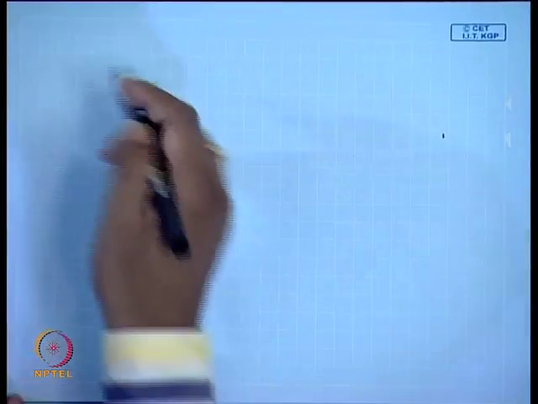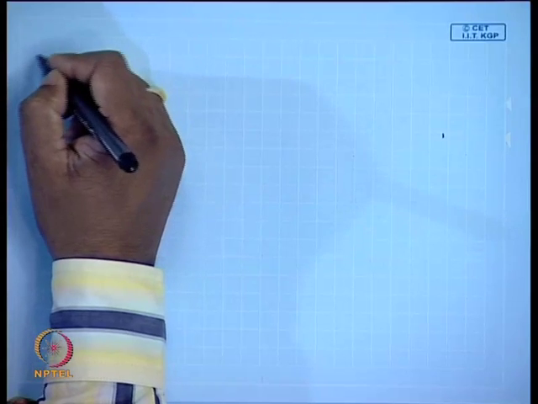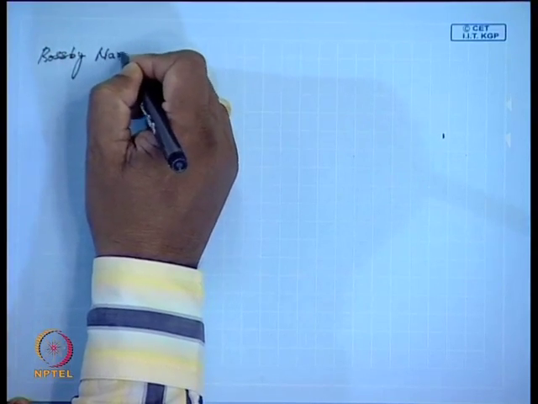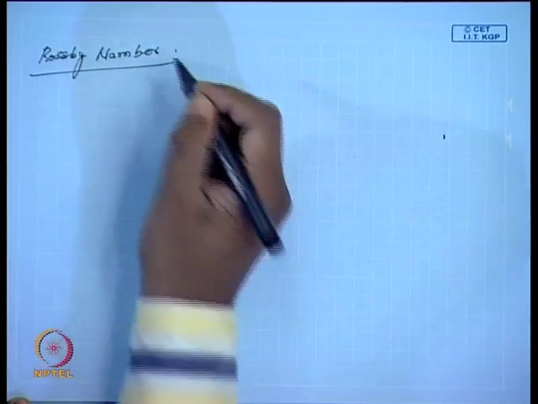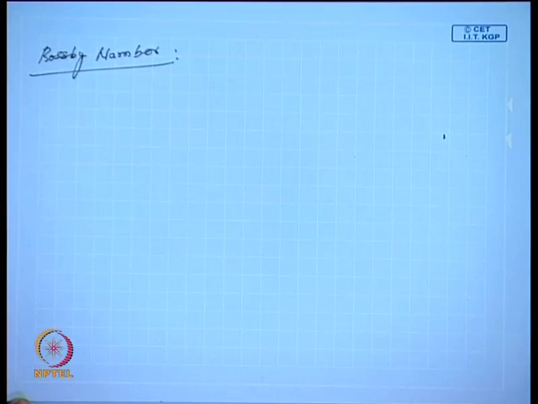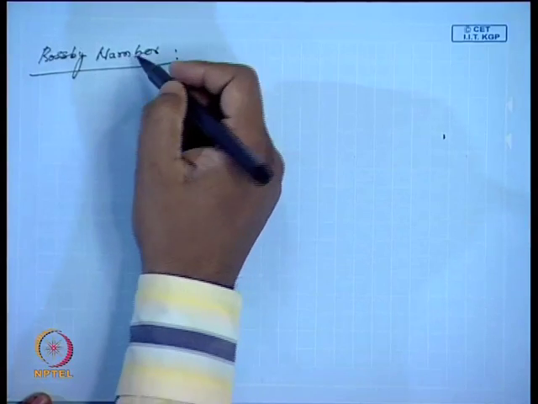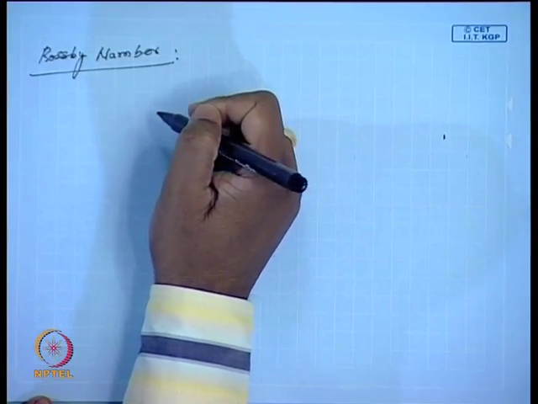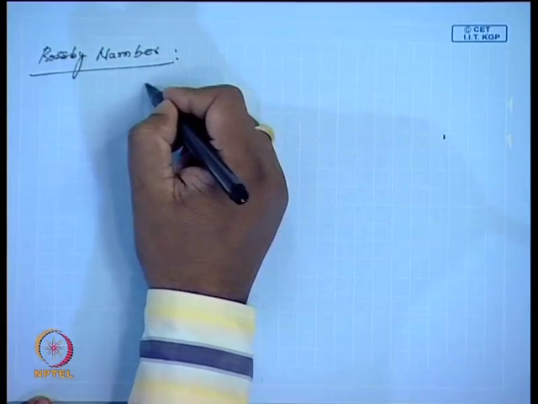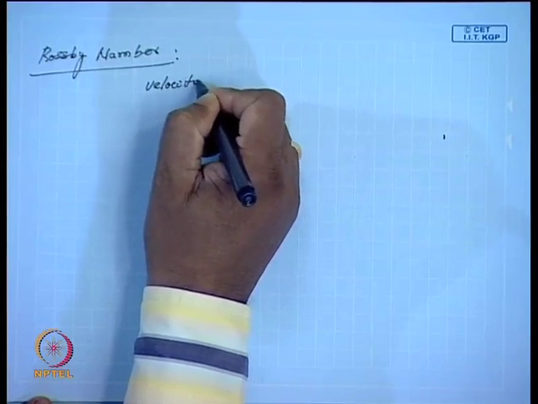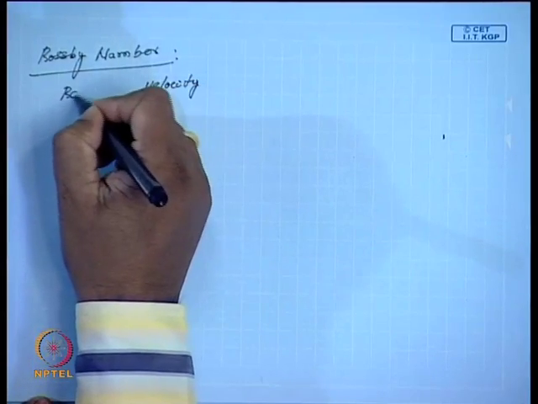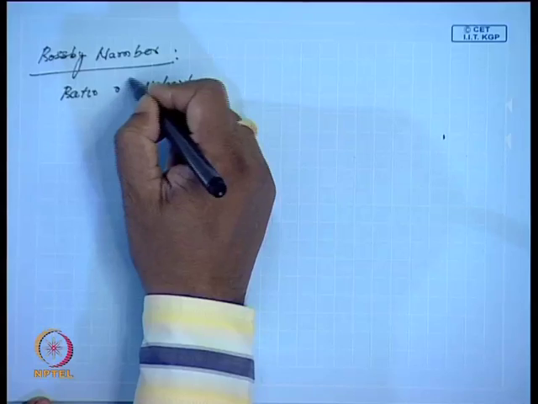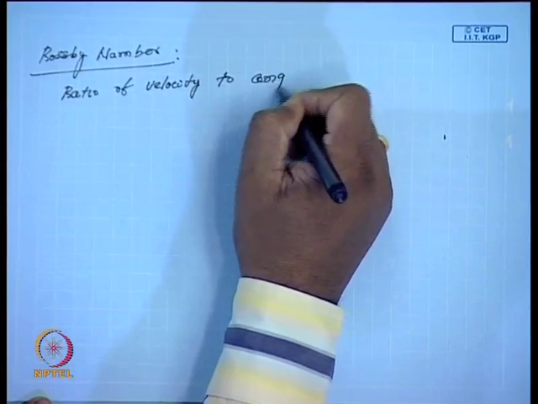Now we have something called the Rossby number. The Rossby number is important when you consider geophysical fluid flows. Basically it is associated with the ratio of velocity to angular velocity.